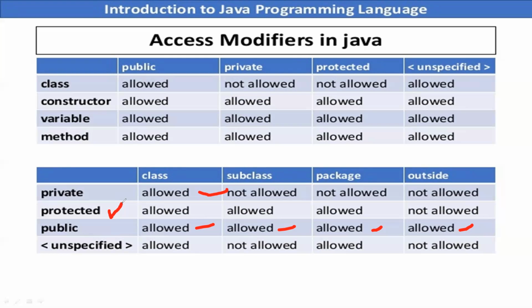It cannot be accessed in the subclass and it cannot be accessed outside of the package, right? So let us see. But in some versions of Java, an unspecified variable or method can be accessed in the subclass also. Right? Not right, I'm sorry. Next one. So let us see the things here.